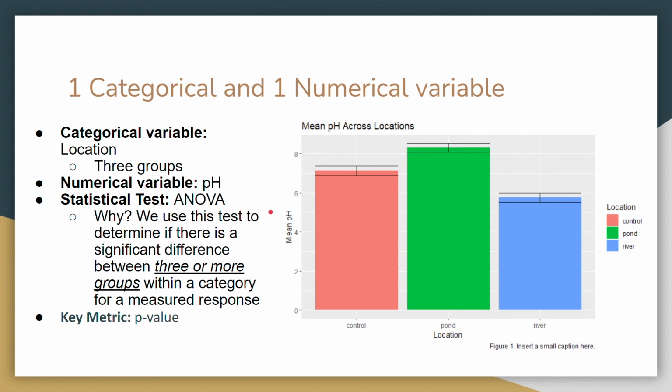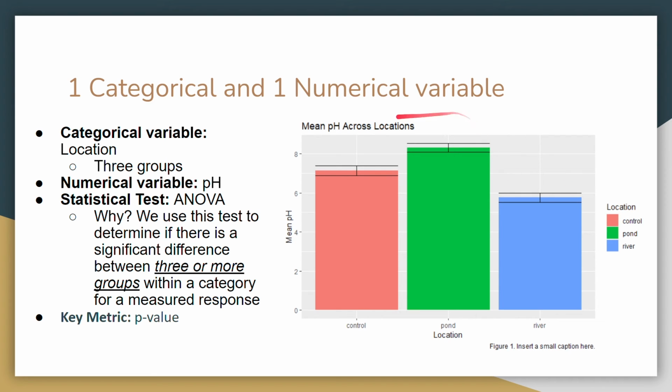Now, in this case, if we want to compare three or more groups, we use an ANOVA. And so in this scenario, the null hypothesis is that the control equals the pond equals the river in terms of the mean pH values. And what the ANOVA does, it's going to test if there's a significant difference between these three groups, wherever they may exist.